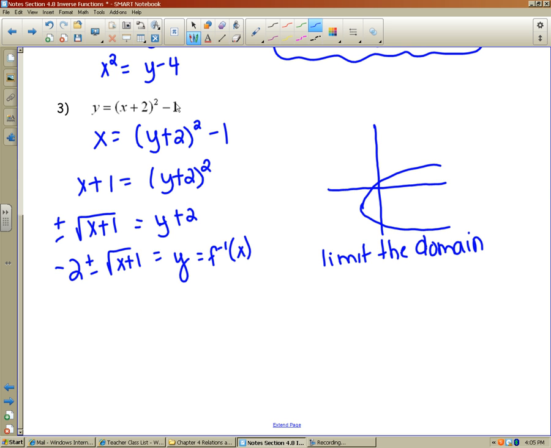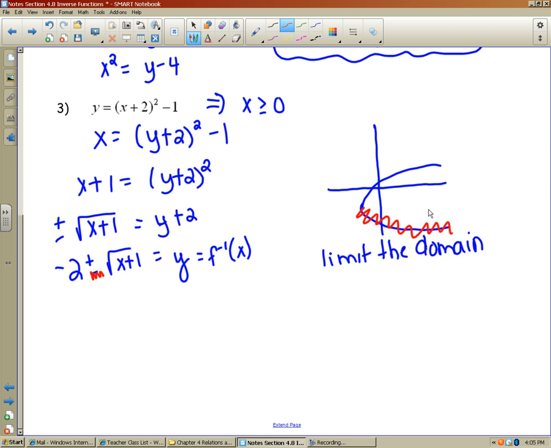So if we limit the domain from the first part and make it x greater than or equal to 0, then really what we're saying is that the inverse is just the top part. So instead of having the minus, we take that away. It could be one, it could be the other. We can just have the top, or we could have the bottom.